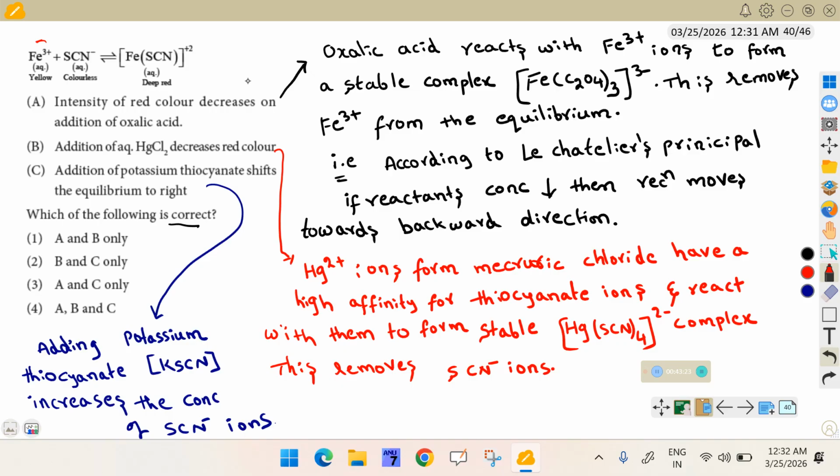That means Fe3 plus ions concentration decreases, which means reactants concentration decreases. According to Le Chatelier's principle, backward reaction is favored. That means deep red is converted to colorless. So statement 1 is correct.